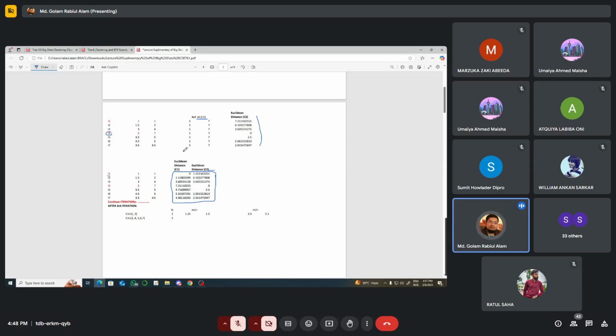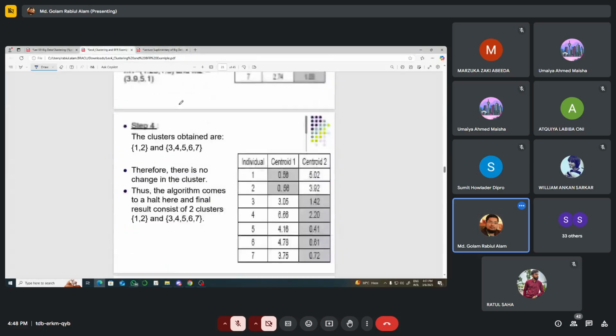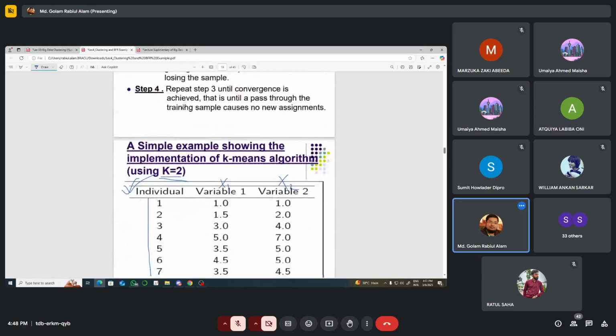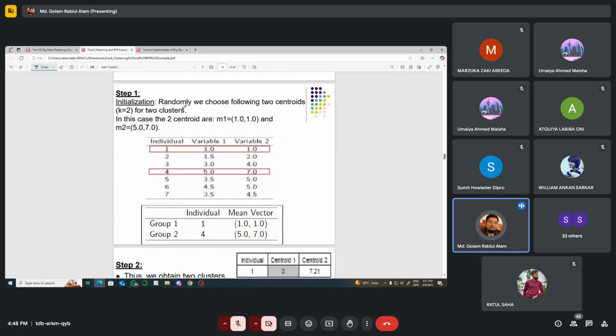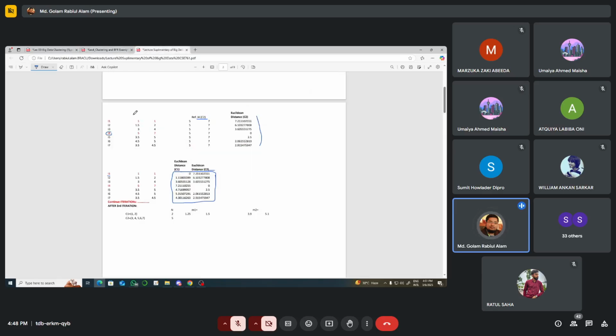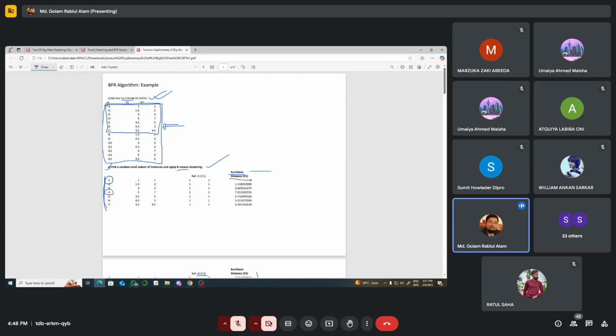Actually, this is the same we calculated in our last lecture. From I1 to I7, this is the data set, and I have randomly picked I1 to I7 and then applied the k-means clustering algorithm.